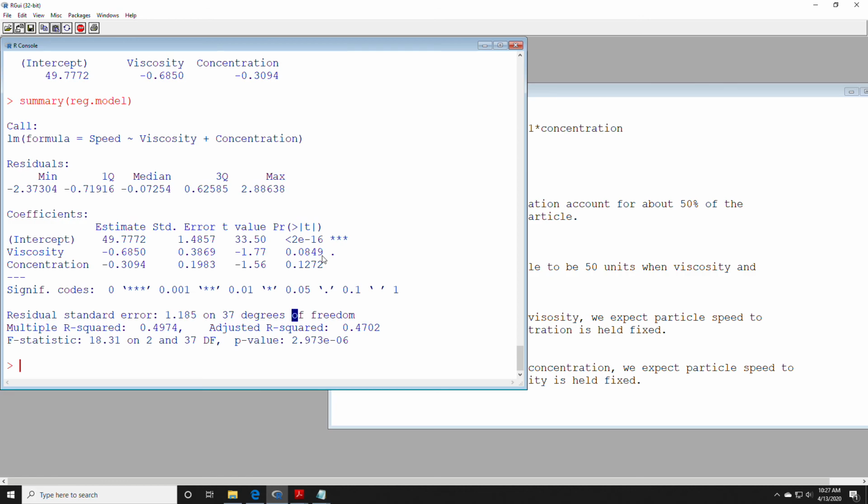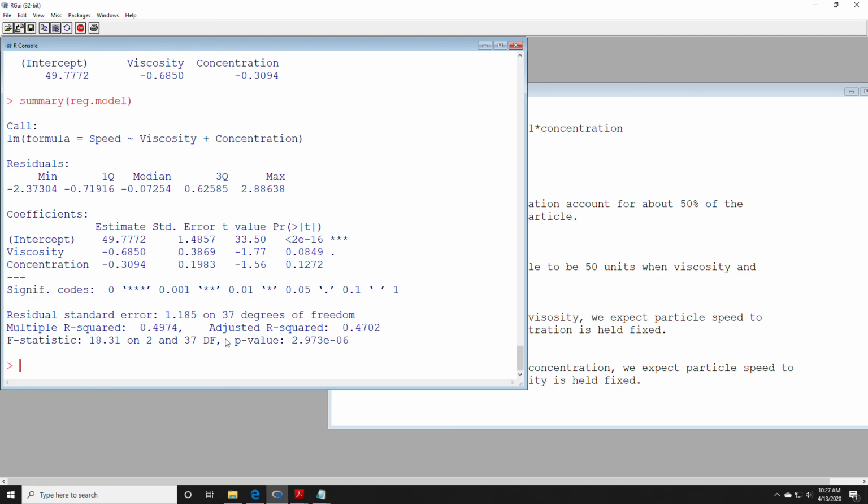Now I told you in order to kick more than one, but not all, from the model, you would have to use what's called a partial F test, but I didn't cover that. I would like you to know that. But in order to kick all of them, in this case we only have 2, so kicking both of them out would be kicking all of them out. That is what's called the overall F test, and you can determine that from this table still.